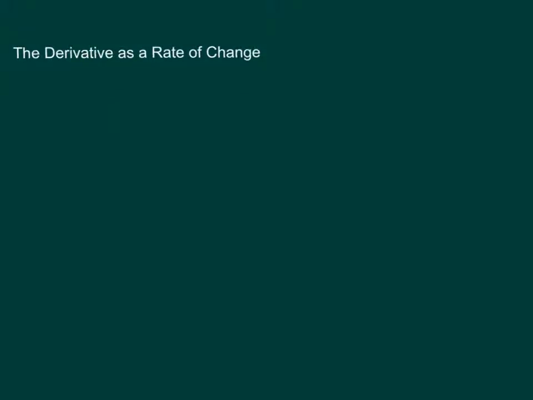In today's lesson, I'm going to discuss several examples of derivative, and these examples will center on the derivative as a rate of change. One common application of derivative as a rate of change is that of distance.